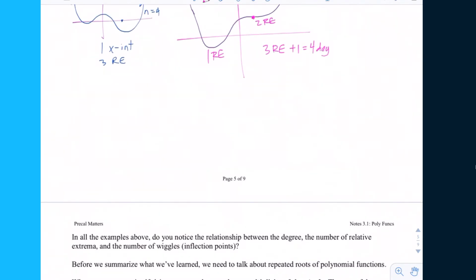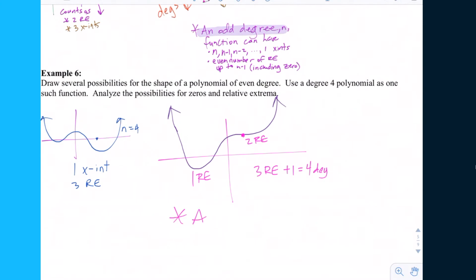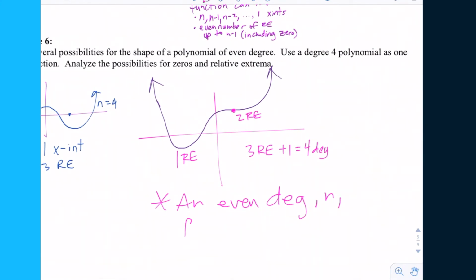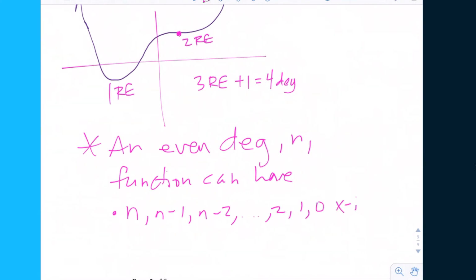Okay, very nice. So let's go ahead and summarize here. Kind of the same thing we did there. An odd degree. Oh, we started with an odd. Let's do even degree. That's what we're doing, sorry. An even degree polynomial, n, function, can have n, n minus 1, n minus 2, ... 2, 1, and 0 x-intercepts.